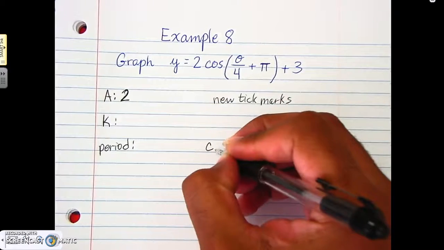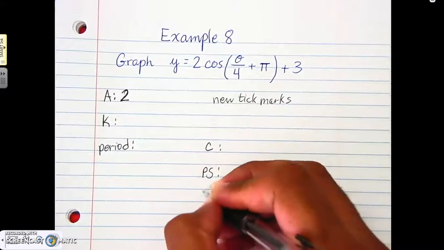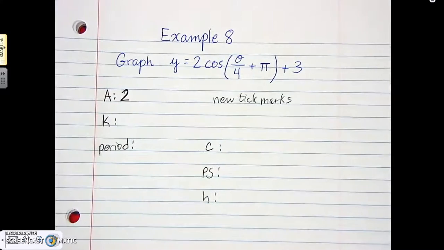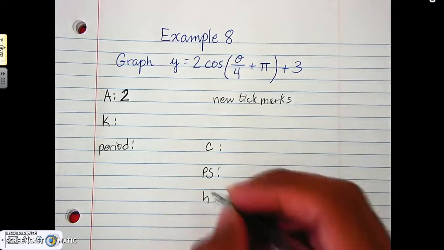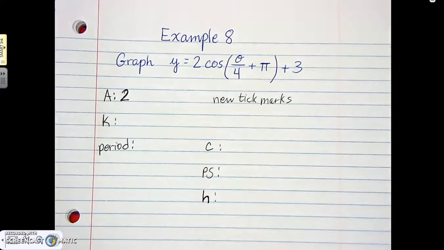Figure out what C is, what the phase shift is, and our horizontal shift. That vertical shift there, so we call that H, the vertical shift. All right, so we're going to fill everything in.